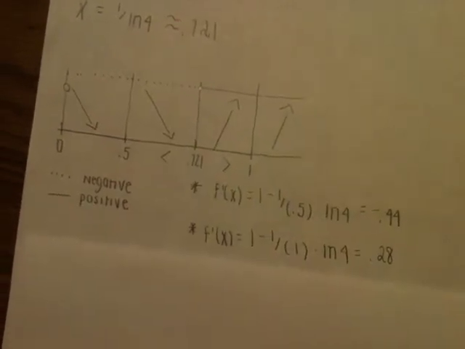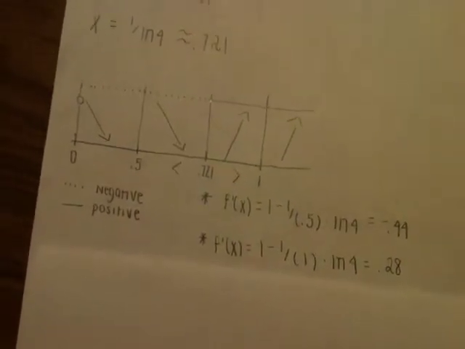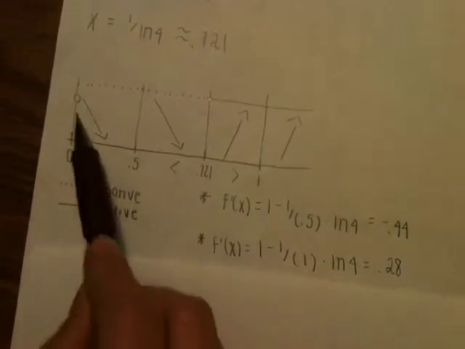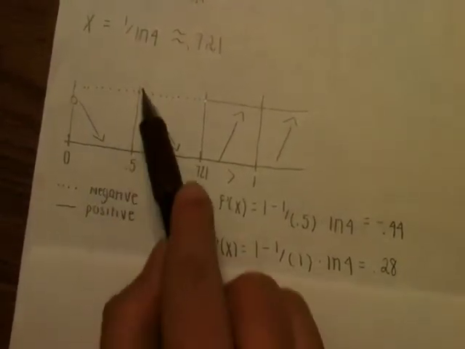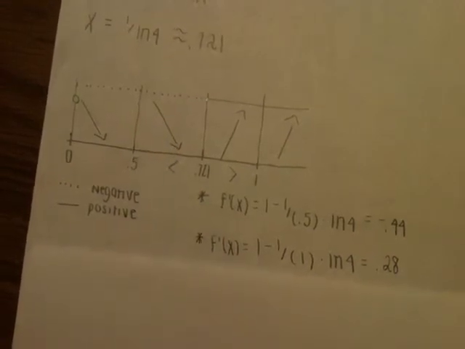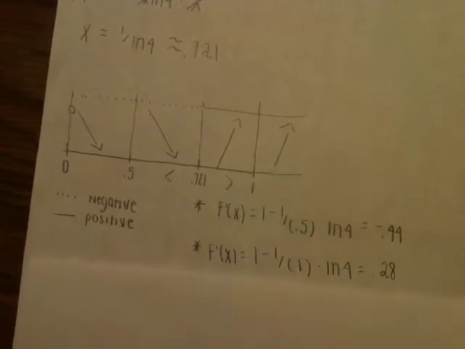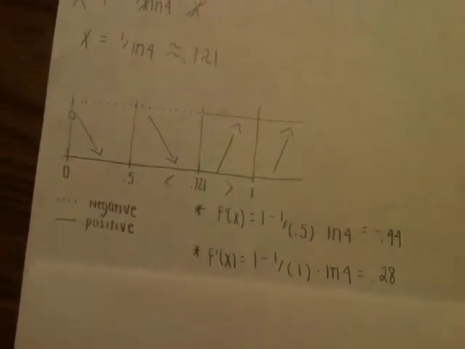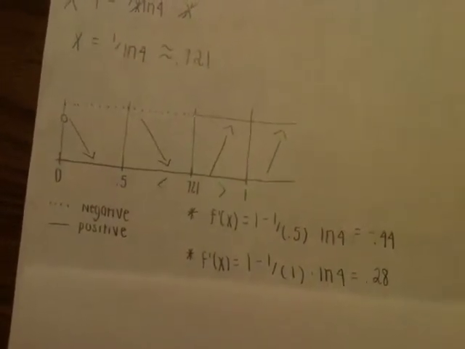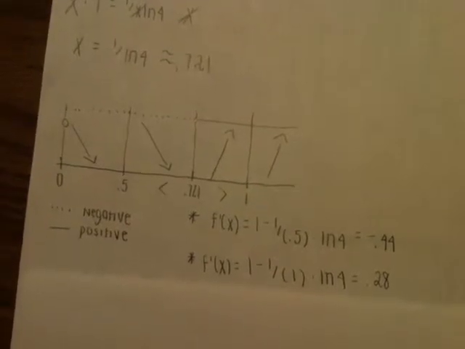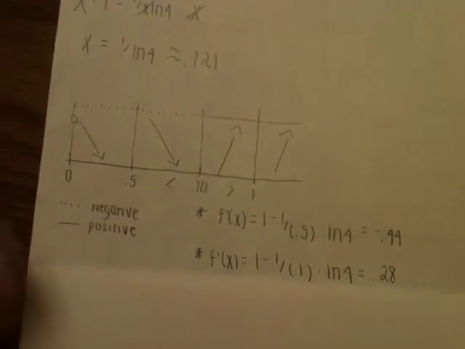Because logs are not defined to the left of 0, it causes 0 to have an open hole. These two arrows are going down because the values are negative, and these two arrows are going up because the values are positive.